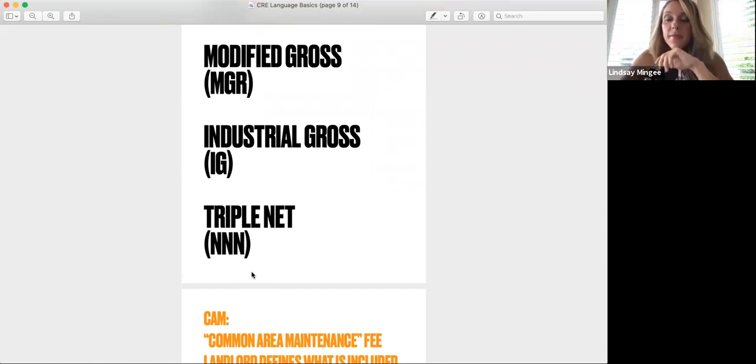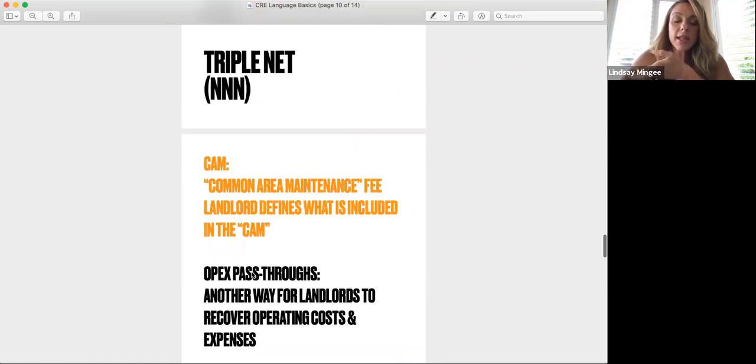Cool? Okay. Quickly again on a CAM fee. CAM is an acronym for Common Area Maintenance. Fun fact, if a landlord is charging a tenant a CAM fee, it doesn't necessarily have to be for the maintenance of the common areas of the property. Landlords get to basically define what is going to be included in a CAM.